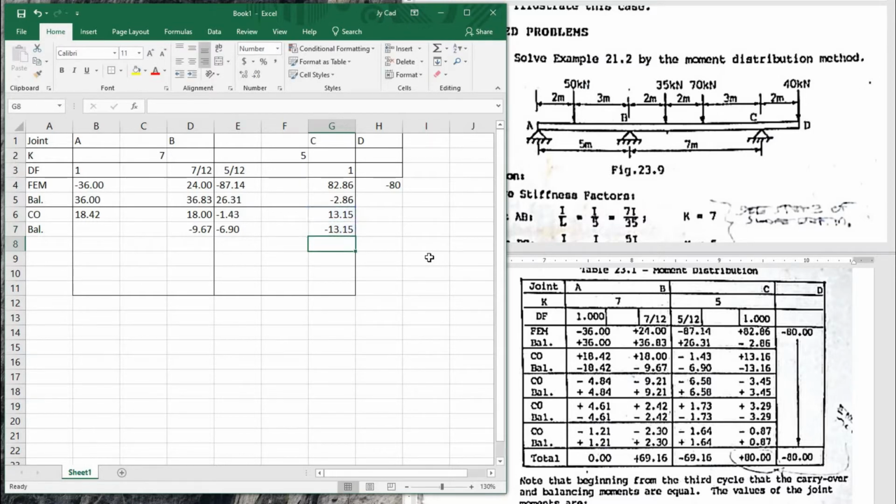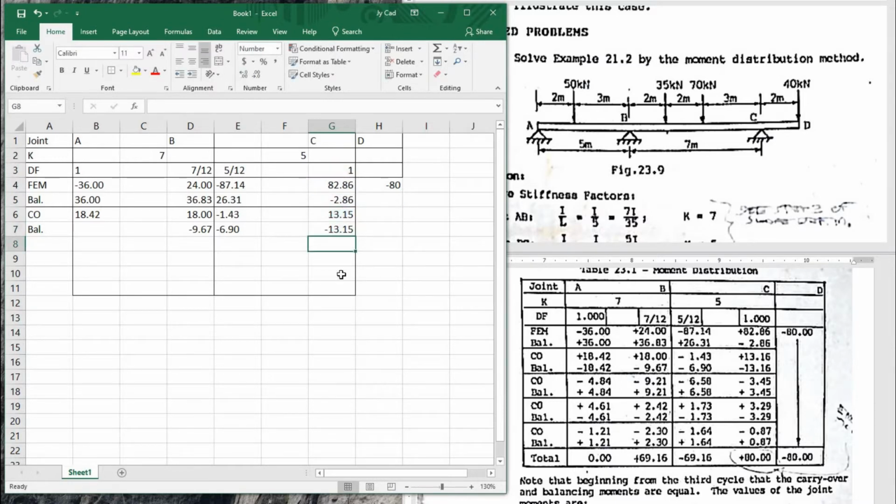Okay, ayan. Kasi, pag susundin mo pa rin yung pattern ng balance, ganun din. Equal sign, negative, open parenthesis, 13.15 plus 0, dyan sa kabila, close, times distribution factor na 1.